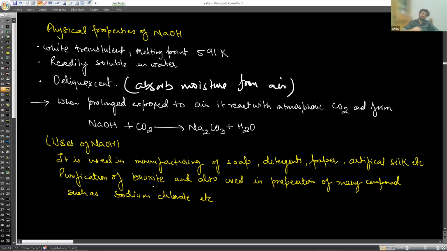Ore is something from which we extract the metal. For example, aluminum is present in different compounds, but the rock that we get from the earth crust, from which we extract the aluminum, is called bauxite ore. That is a mixture of Al2O3 and Al2O3.2H2O. This is bauxite, the ore of aluminum.